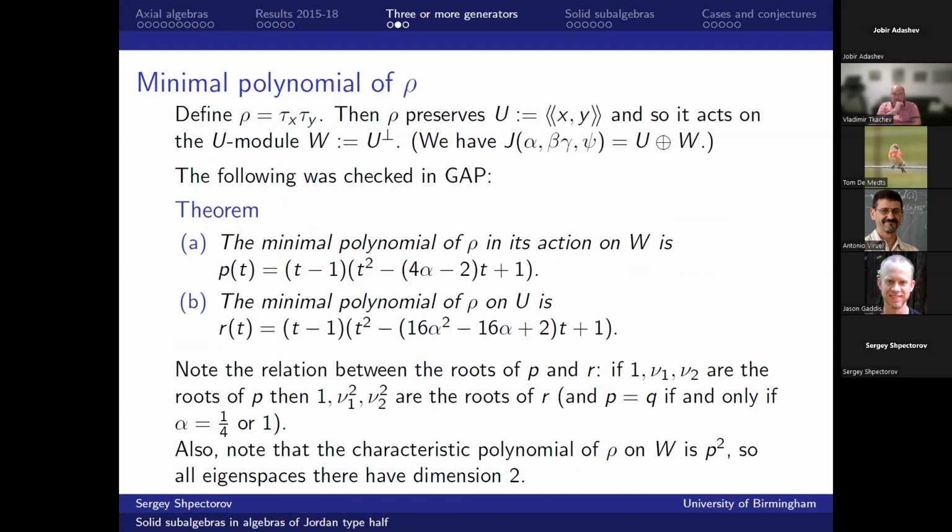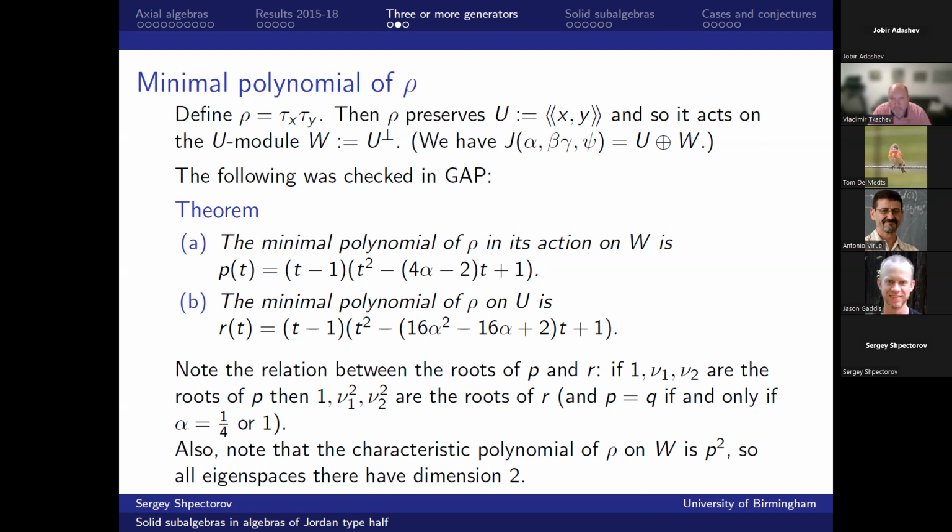Right, we will need some properties of this algebra. So let us take two of the three generators, say X and Y. So we have the Miyamoto involution tau X, we have the Miyamoto involution tau Y. Let's call the product of these two rho.